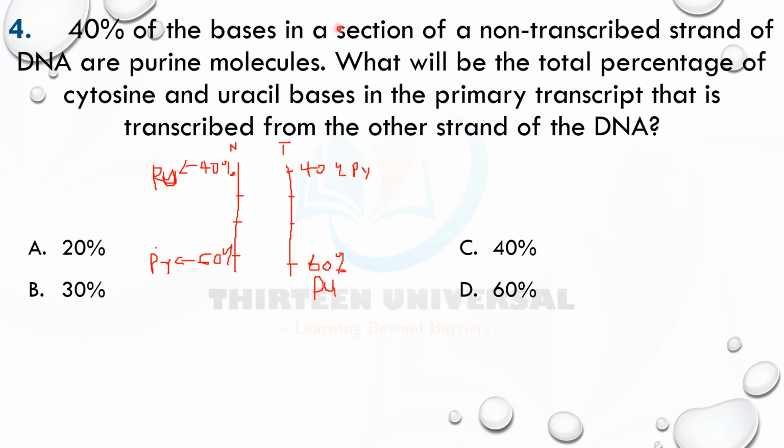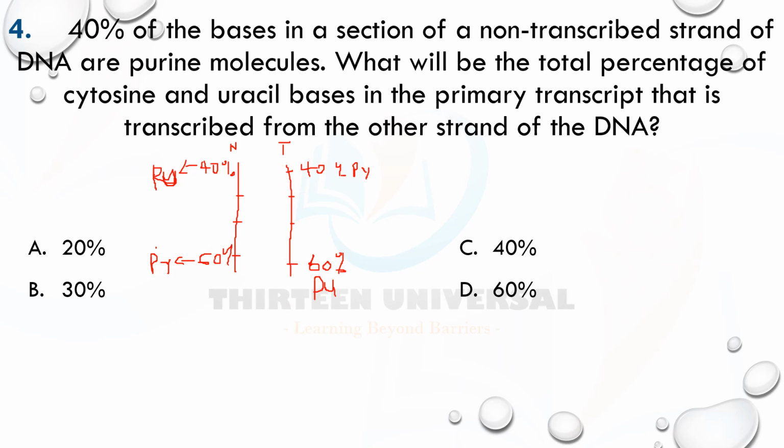Remember, 40% of bases in a section of a non-transcribed strand, that is here, are purine molecules. What will be the total percentage of cytosine and uracil, which are pyrimidines found in RNA, in the primary transcript that is transcribed from the other strand? The other strand is this one. This is the template strand.